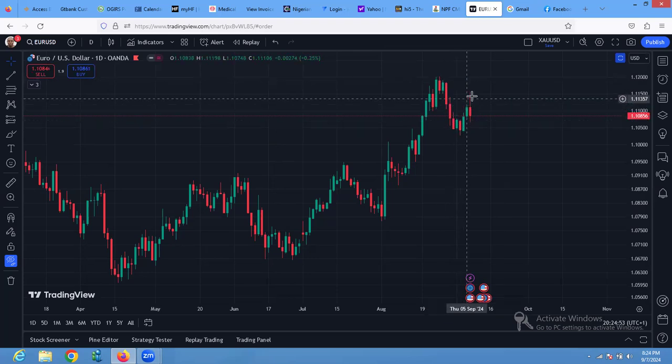Then we should look for these to give us a more complex correction to the upside. If you are in a sell from this level that I gave on Friday, you should just close your sell immediately the market opens. I see this go up again. It may break the top or not. It may just go up.